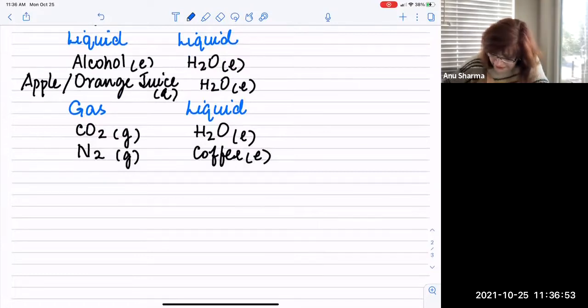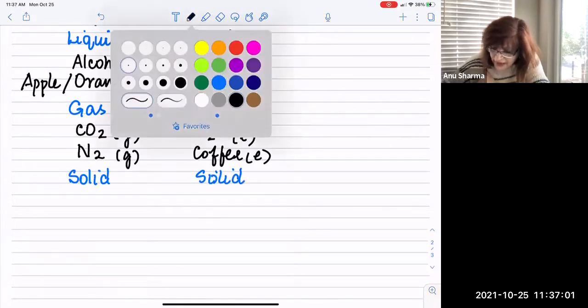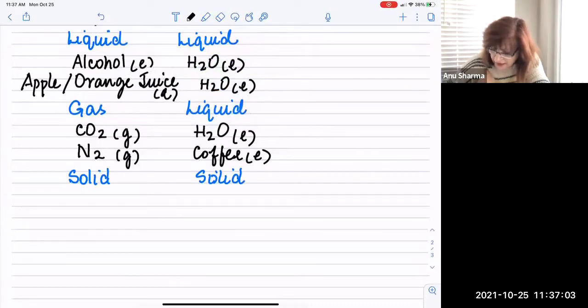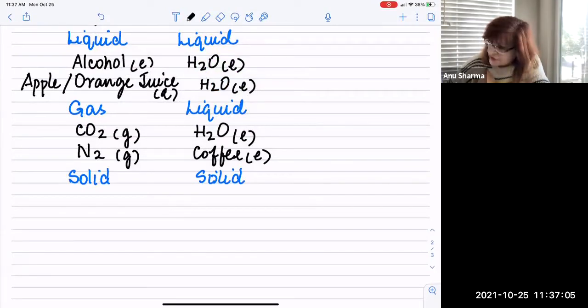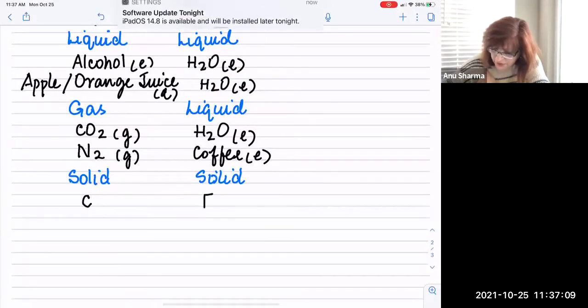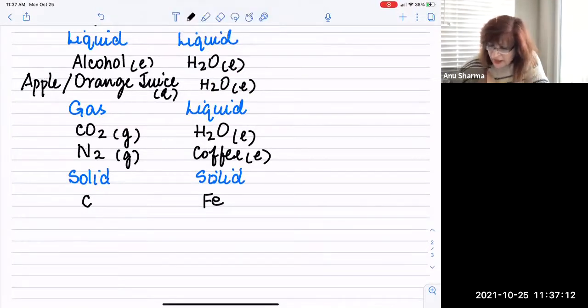Other types are, for example, a small amount of solid dissolved in a large amount of solid. For example, a little bit of carbon in a large amount of iron gives you steel.